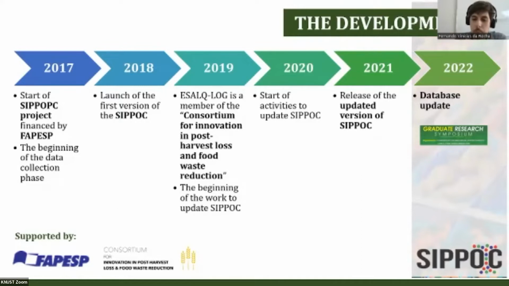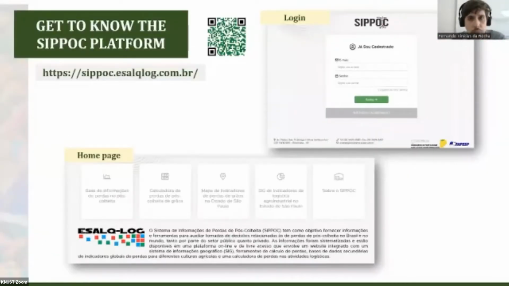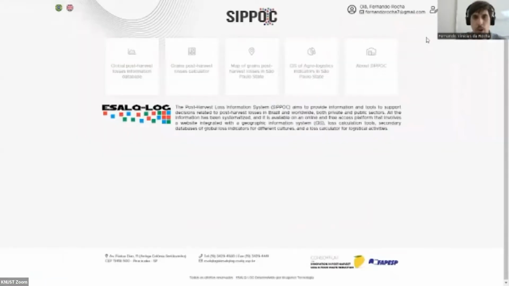So this is the login area of SIPOC. You can access the platform using this QR code or this link in this presentation. And let's see how the platform is right now. And what about the numbers? How much data do we have in our database?